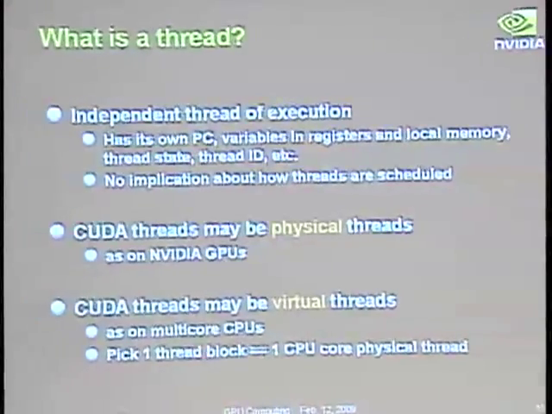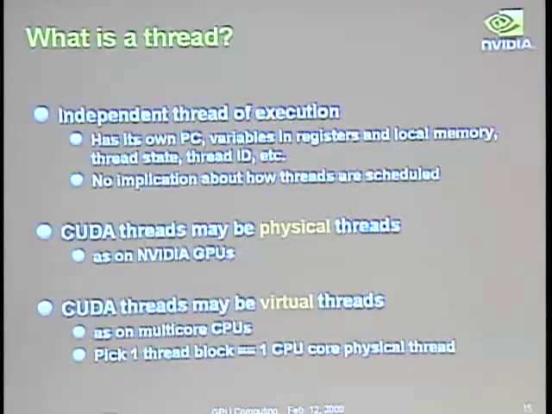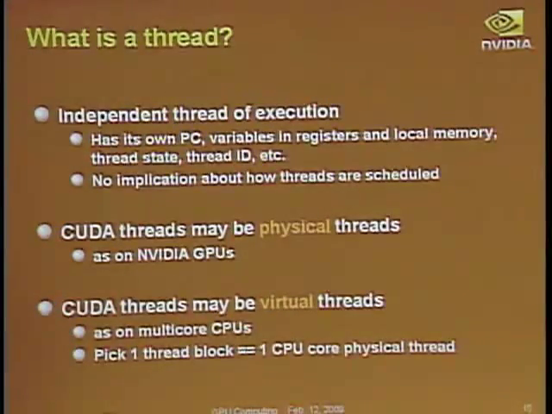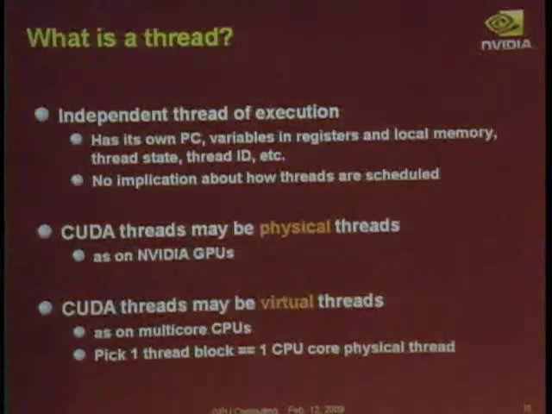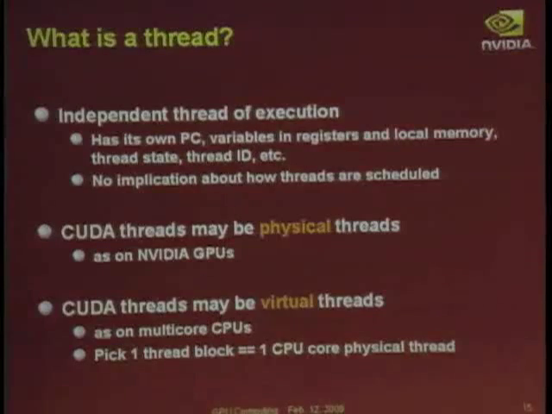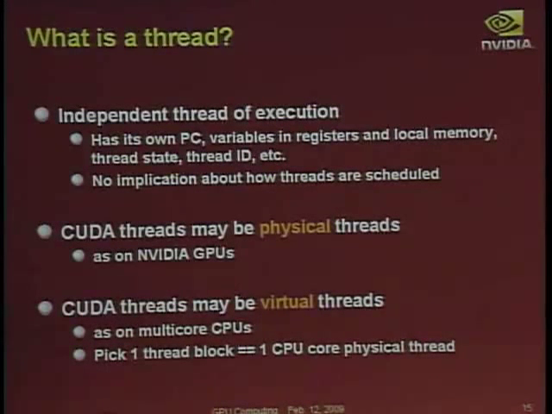So a thread in CUDA, as we said, has its own program counter, it has its own variables, thread state, thread ID, and so forth. But there's no assumption made about how it's scheduled. It's truly asynchronous in the CUDA model from all the other threads. Okay. So on the GPU, we map a CUDA thread to an actual hardware GPU thread.